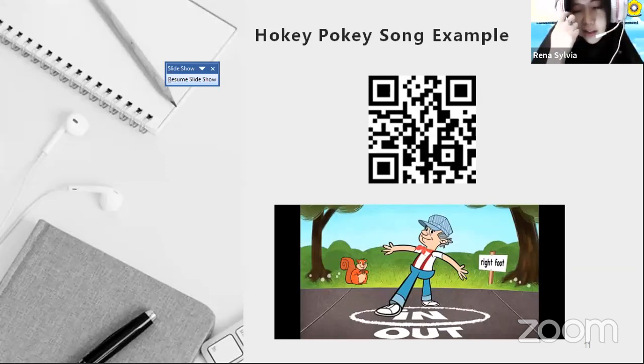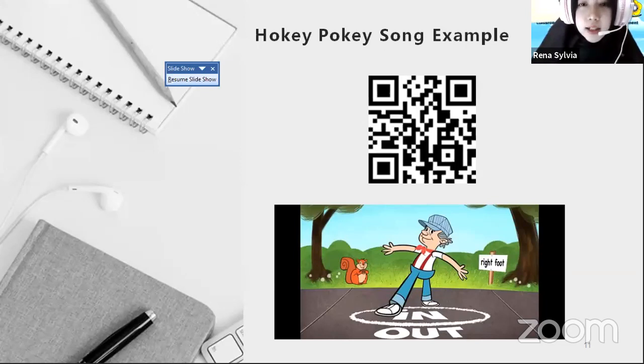Here, you can see the picture. From the right side, there is the words right foot. Here in the video, the cartoon model puts their feet into the circle, and then they put their right foot outside the circle.